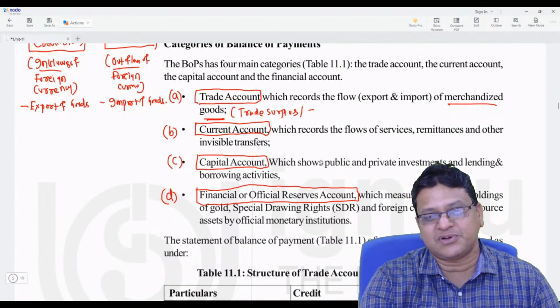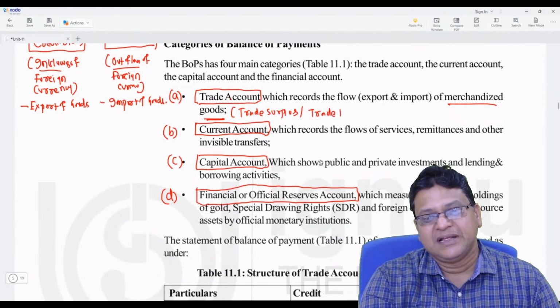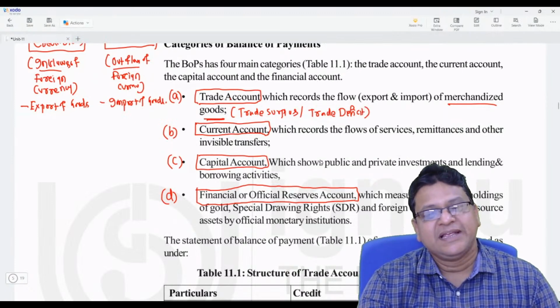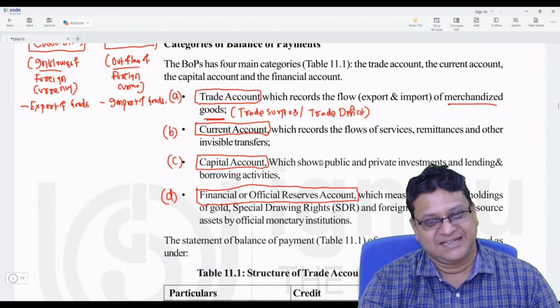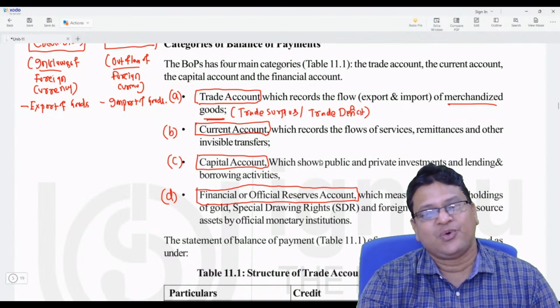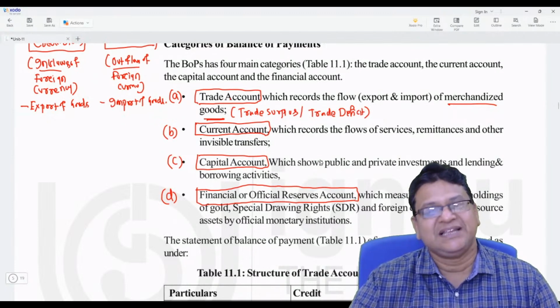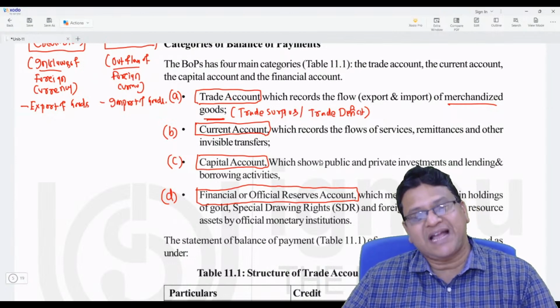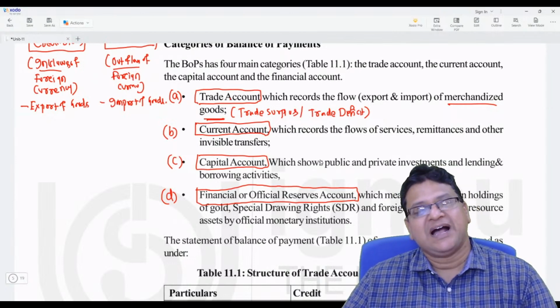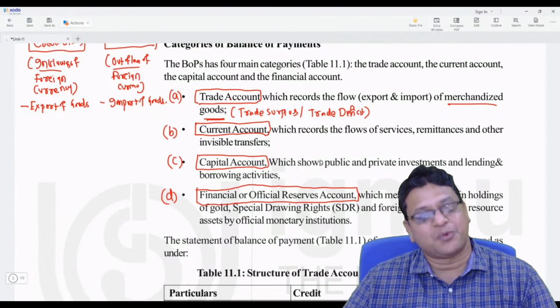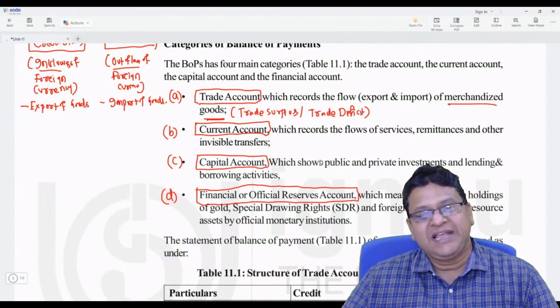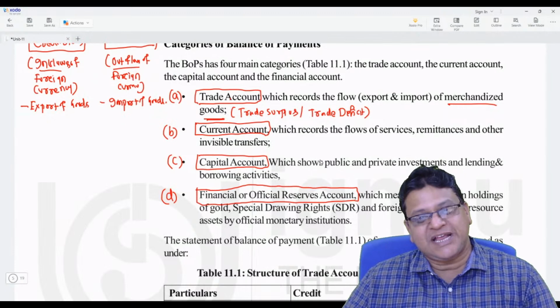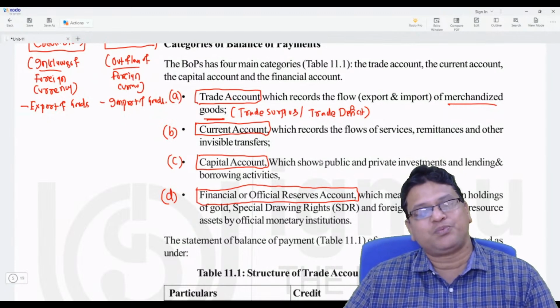Trade surplus occurs with a country where we export more, import less. And trade deficit occurs where we export less, import more. With China, most of the countries are facing a trade deficit problem. They export less to China, they import more from China.